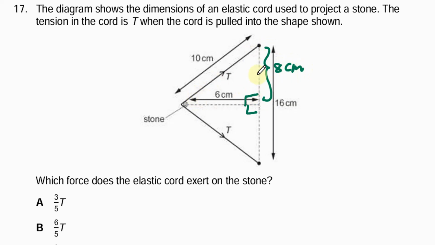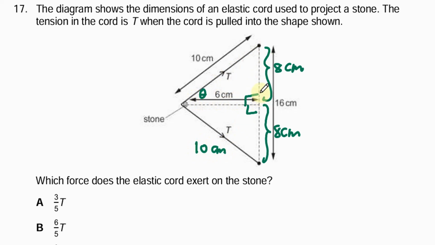This is a Pythagorean triangle. I'm also going to let this angle be theta. Then, since this whole length here is 16 centimeters, this must also be 8 centimeters. And using Pythagoras in the bottom triangle here, we can find this length is 10 centimeters.